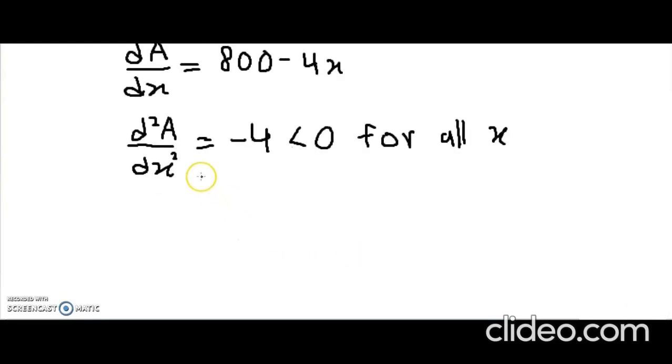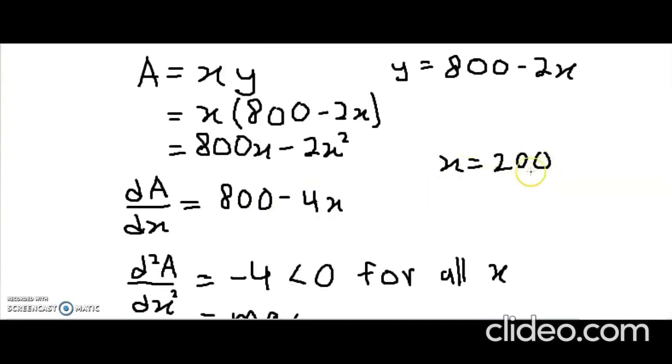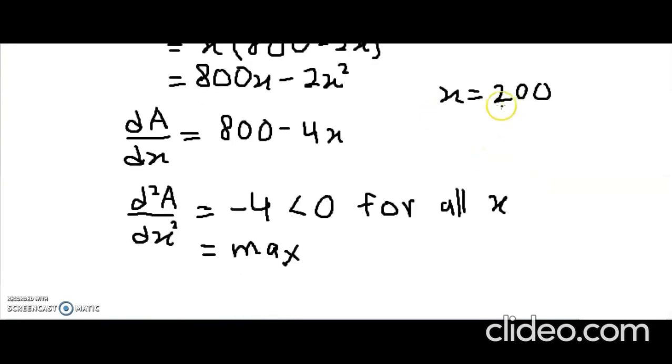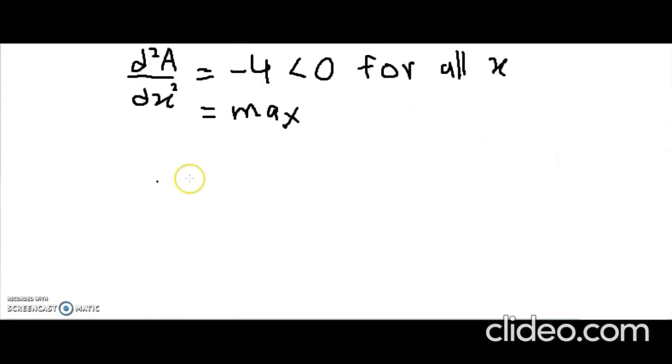So we know this value is maximum. Okay, now we know the value of x is 200. How to find y? We have to substitute x into y to find the area.